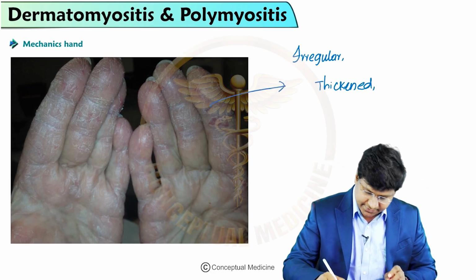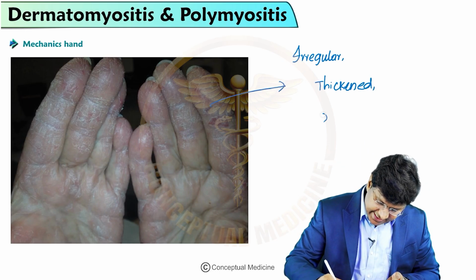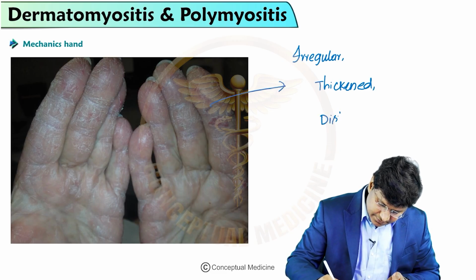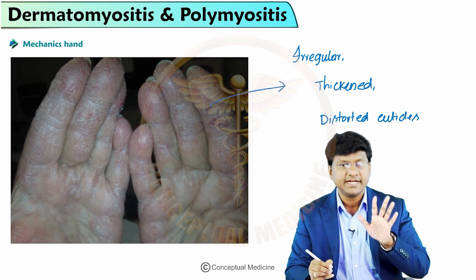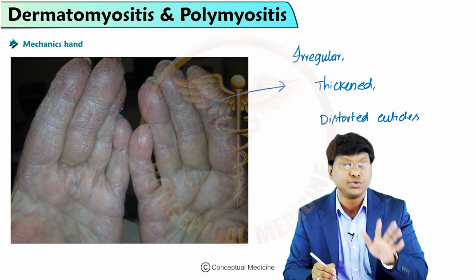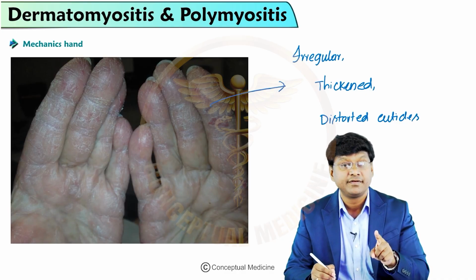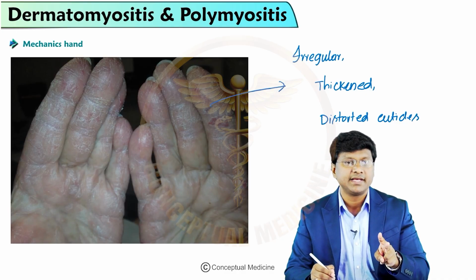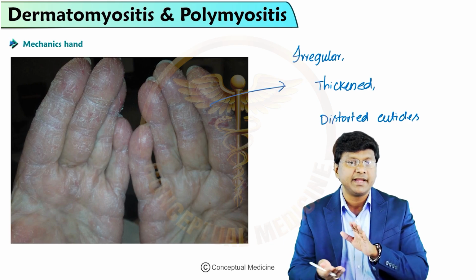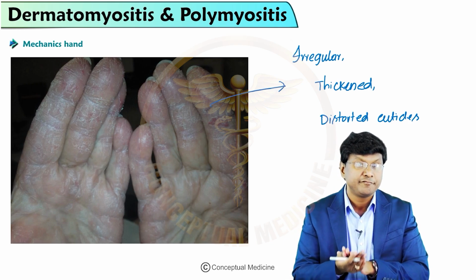Irregular, thickened, and the skin has distorted cuticles with rough and cracked areas over the lateral and palmar areas of the fingers.